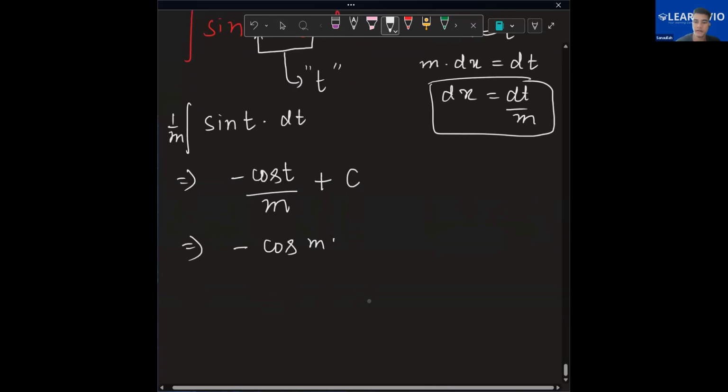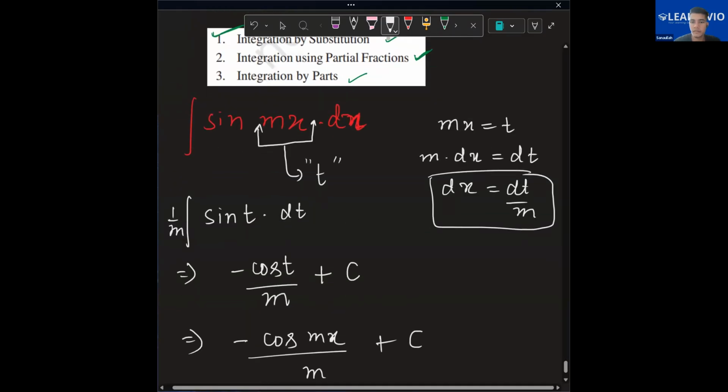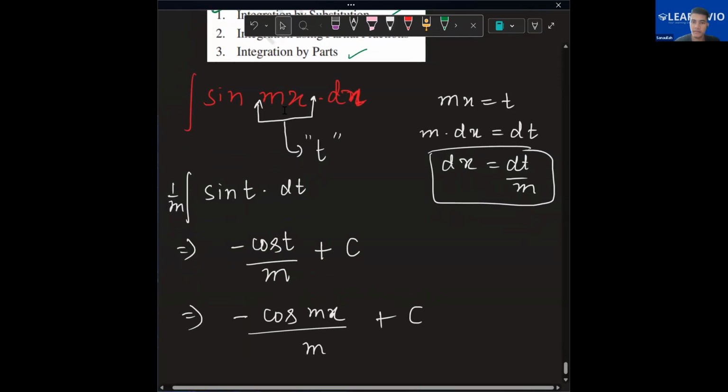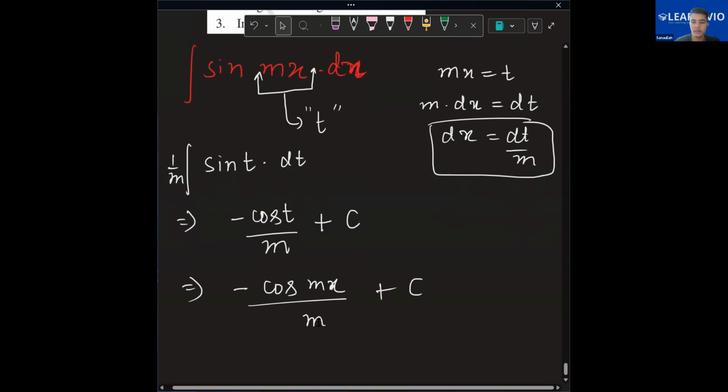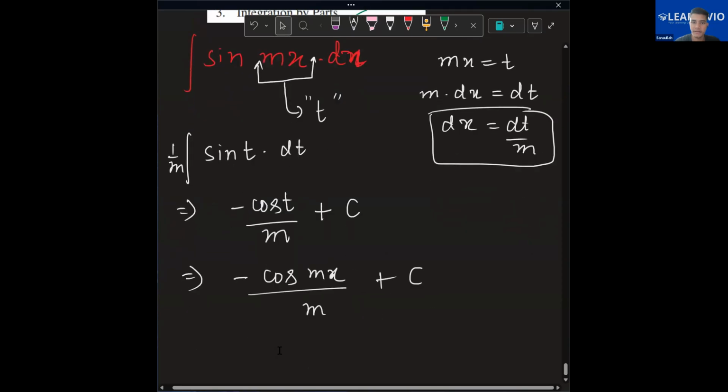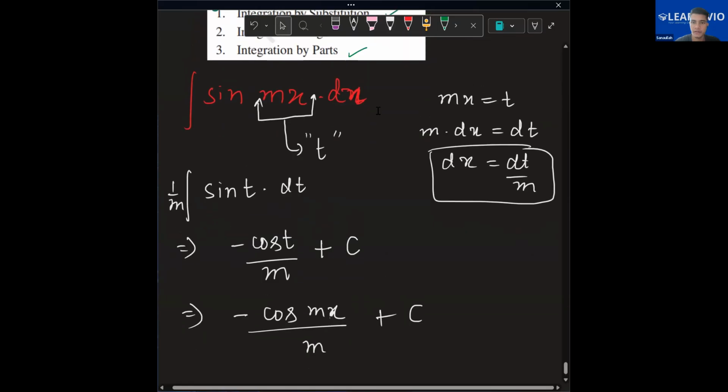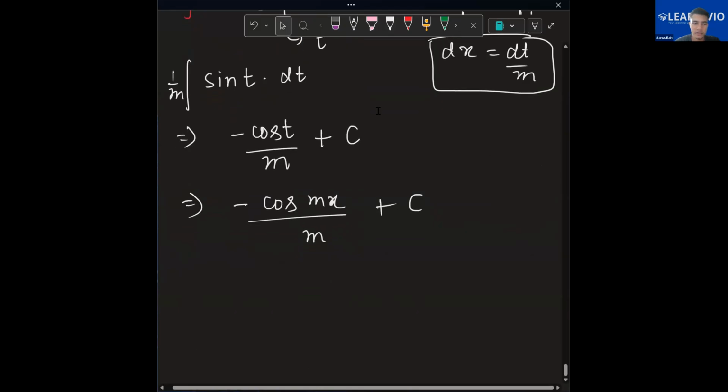So you have to write it again in the form of the original variable x: minus cos(mx) over m plus c. सो इसको आप डायरेक्टली भी सॉल्व कर सकते थे, like sine of mx dx का integral होता है minus of cos mx over m, बट दिस इज अ बेसिक वन, and in the complex problems we will have to substitute something जिससे क्वेश्चन थोड़ा सा इजी हो जाए.